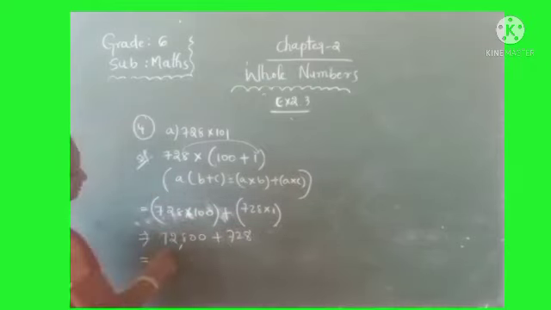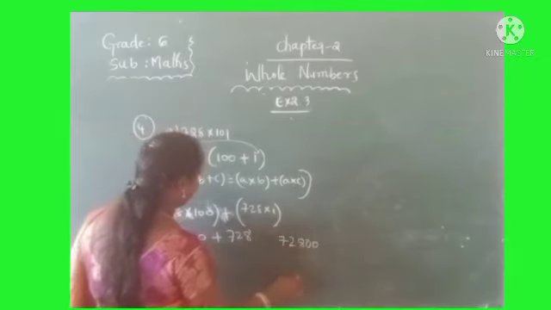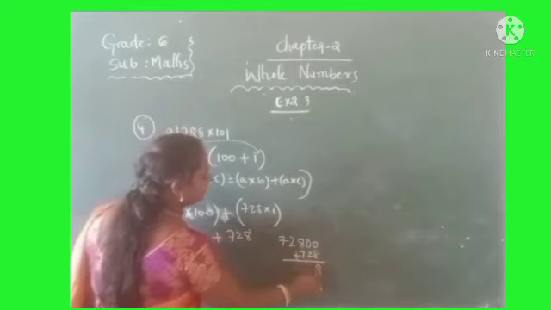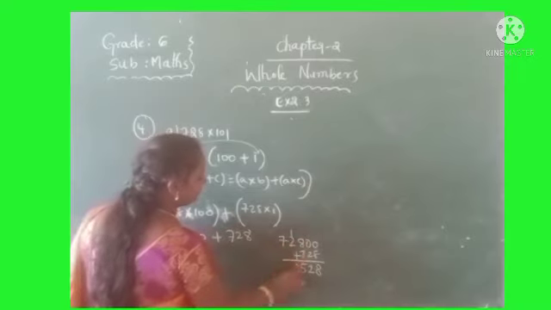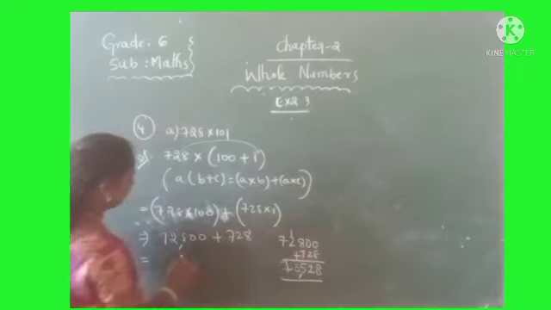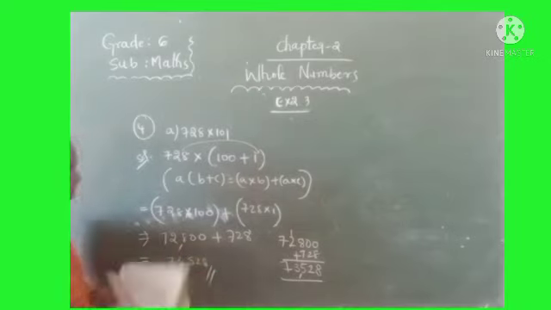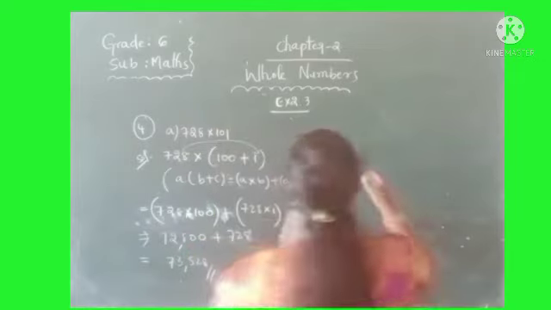After that we have to add 72,800 and 728. So that is 8 plus 8 is 16, 2 plus 2 is 4 plus 1 is 5, 7 plus 7 is 14, plus 1 is 15. How much? 73,528. Very good.